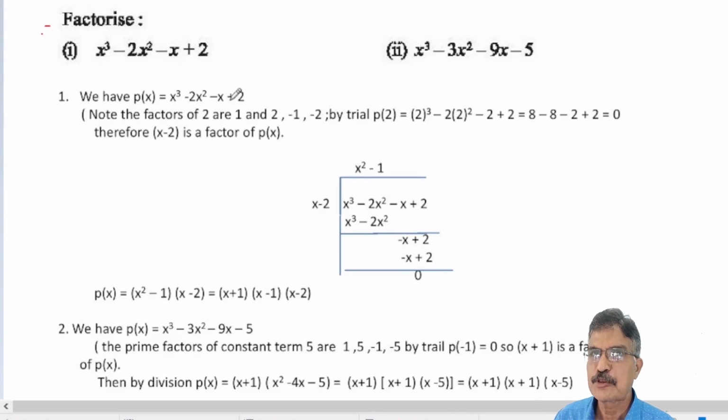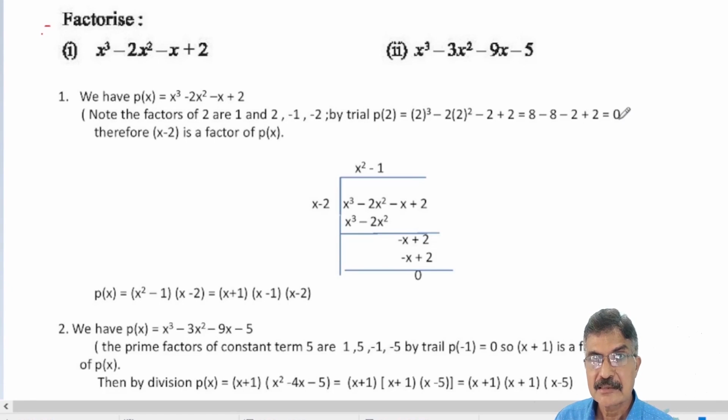That is, we have to find p(-1), p(-2), p(2), p(1), and check whether the answer is 0. This is a trial method. First we take p(2). While we substitute x with 2 and do the necessary arithmetic, we will get the answer 0.